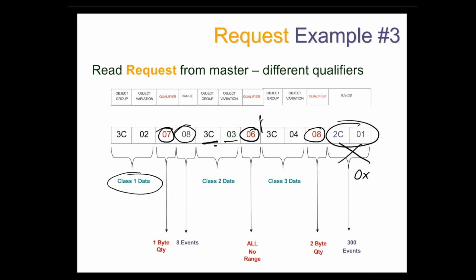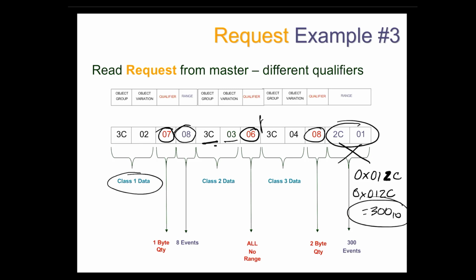It's got to be flipped. So that means that's 01 2C. Sorry guys, that's 0x01 2C. So if you take that value and put it in your calculator as a hex value and convert it to decimal, you're going to find 300 base 10.